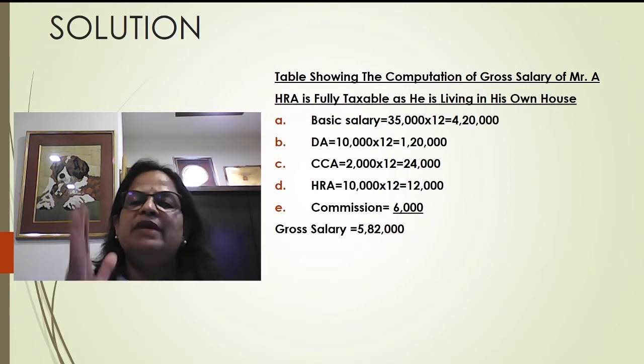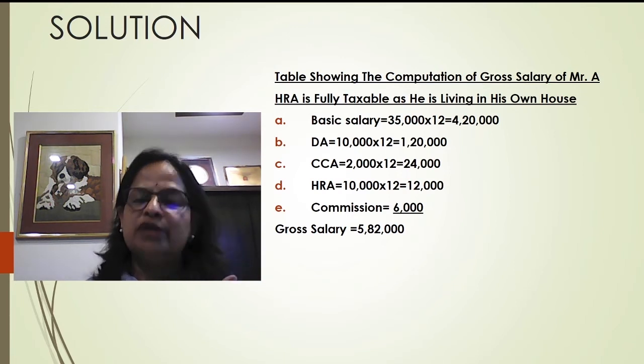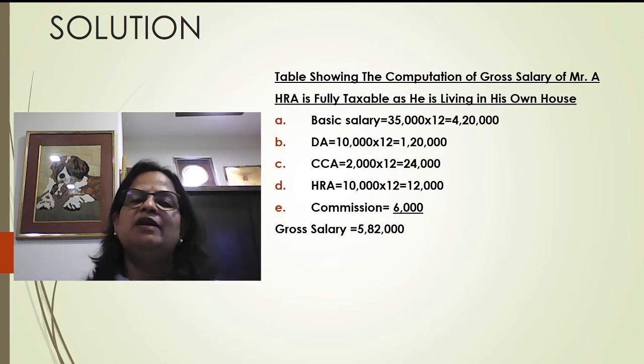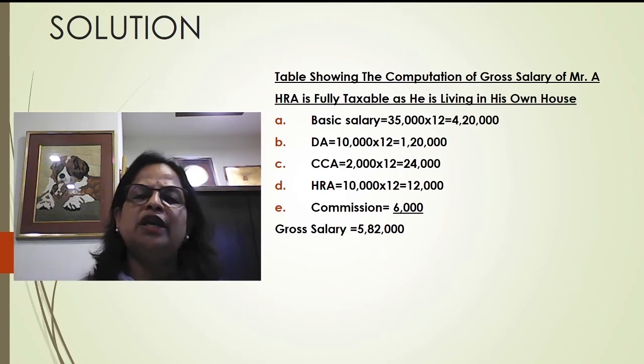So here basic salary 35,000 into 12, 4,20,000. Dearness allowance 10,000 into 12, 1,20,000. City compensatory allowance: when I explained allowances, I told you if I am living in Bangalore and working in Bangalore, I am eligible to get that, because I am living in a city. Expenses will be more compared to working in a rural area.